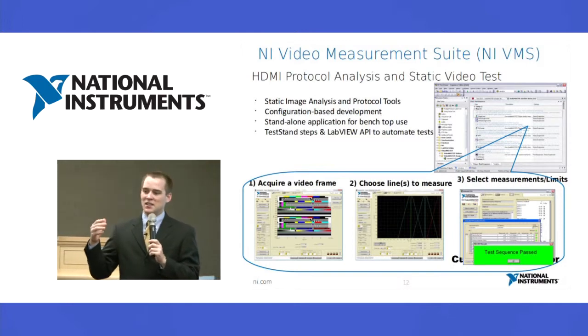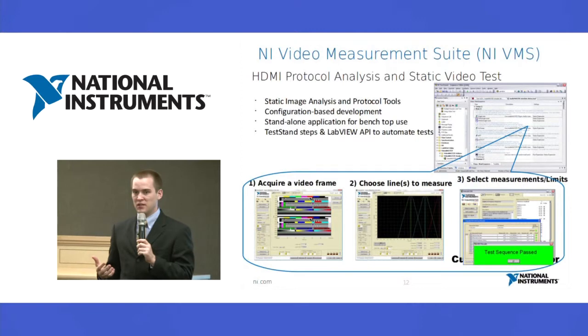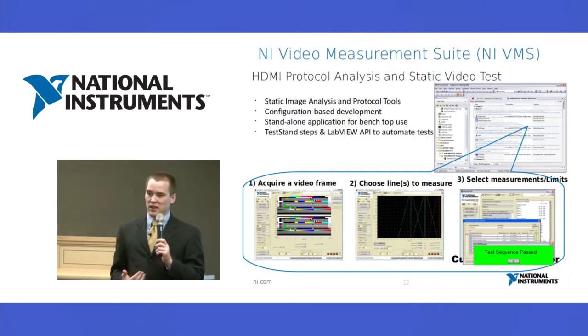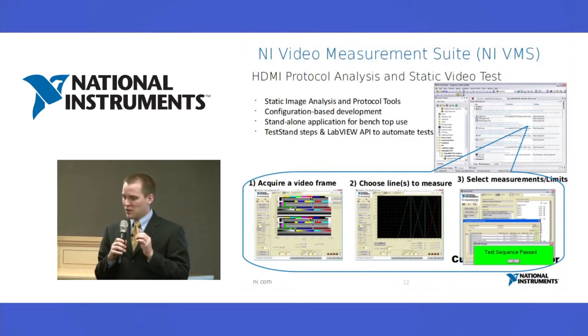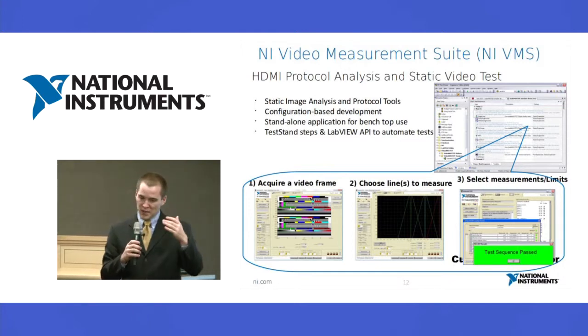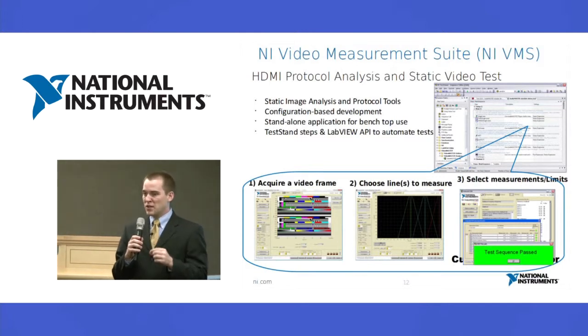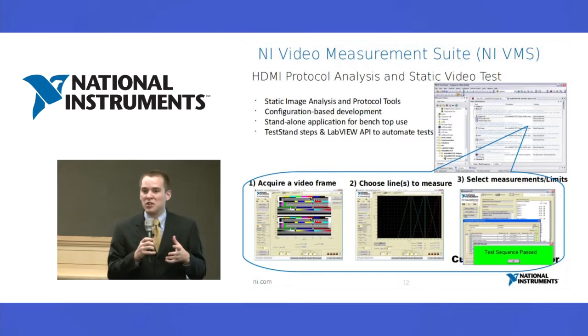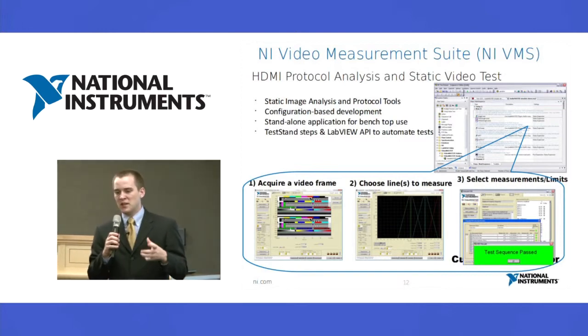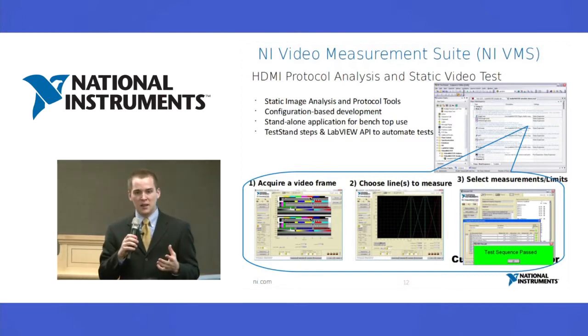Test Stand is National Instruments' sequence engine. So in order to automate things, you have to sequence them. And we have a lot of customers out there, engineers and scientists, who need to automate these sequences. And they will spend more time developing the sequencer than they will developing the tests or what they actually want to do. And once they develop it, they have to do sustaining development and maintenance on it.